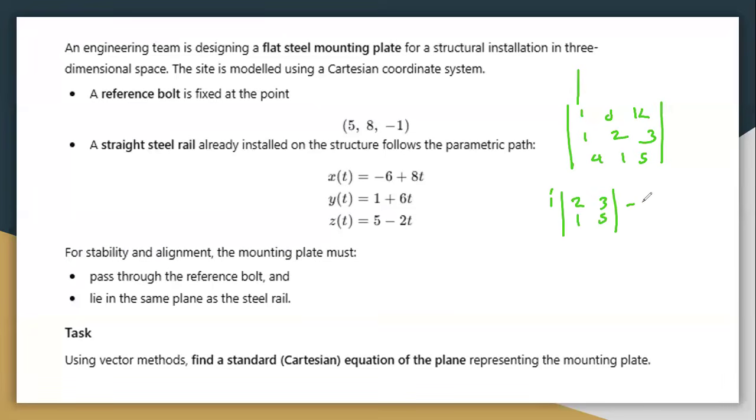For the j component, which is negative, cross it out, get 1, 4, 3, 5. Plus the k, cross out the k, then get 1, 4, 2, and 1. Then do the mathematics of getting 2 times 5 minus 1 times 3, everything is of i. Minus j, multiply the elements minus, like that.